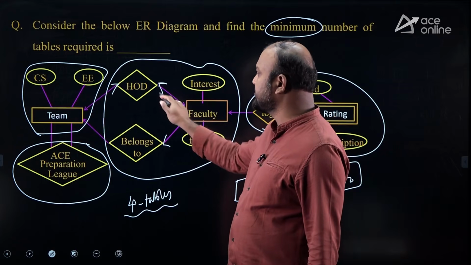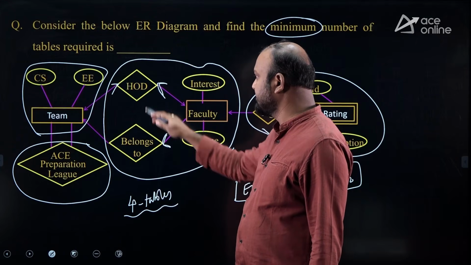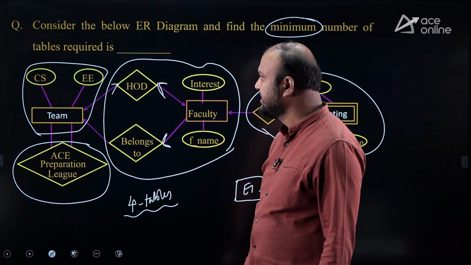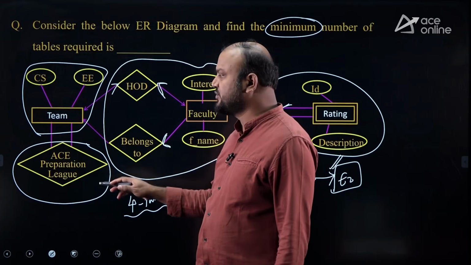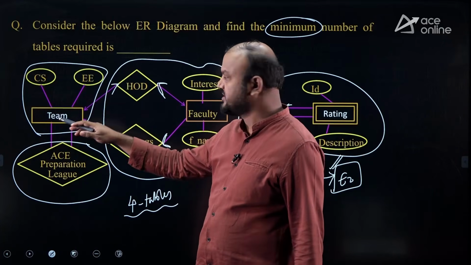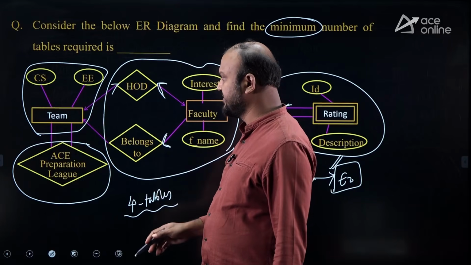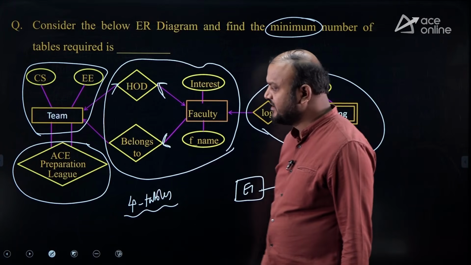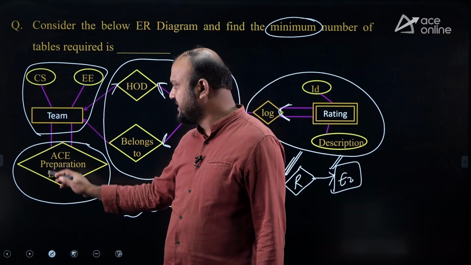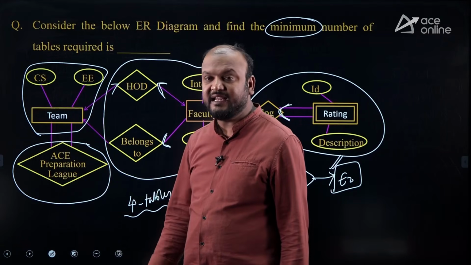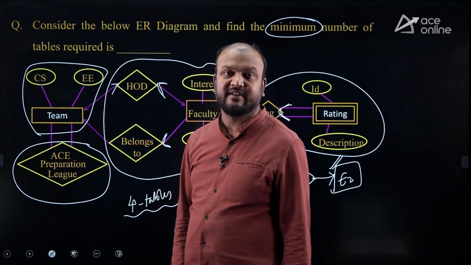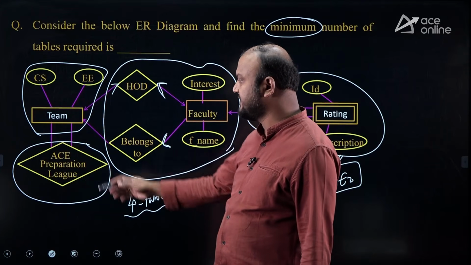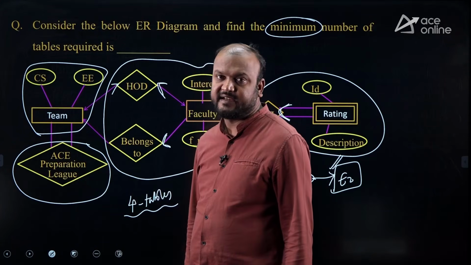And faculty to HOD arrow, faculty to belongs to arrow, these two you can merge with faculty. And we also have team to HOD, so team and HOD you can merge, and faculty and belongs to you can merge, but that does not make any difference. But ACE preparation league does not have any arrows with team, so ACE preparation league will not be combined with team, it should have a separate table.